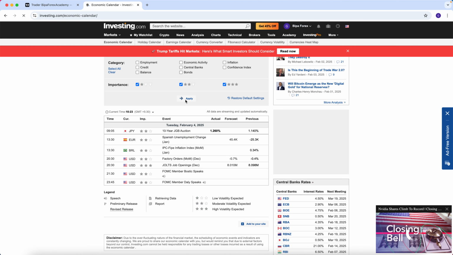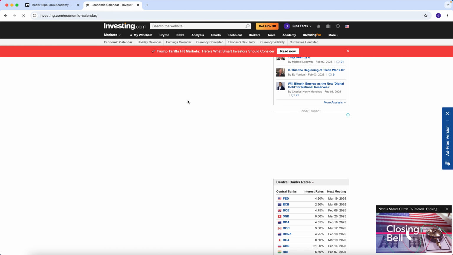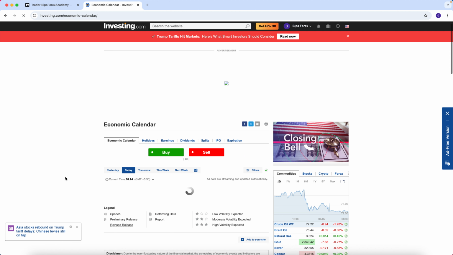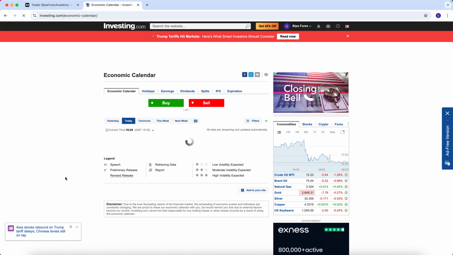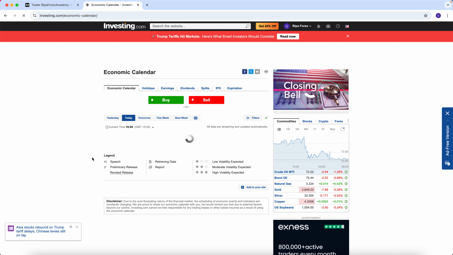Usually there will be 1 star, 2 star, and 3 star news every day. You should know what 1 star, 2 star and 3 star news mean. 1 star news has very little volatility. If any fundamental news comes out with 1 star, it doesn't have an impact on the market. 2 star is a medium impact, and 3 star has more impact in the market.